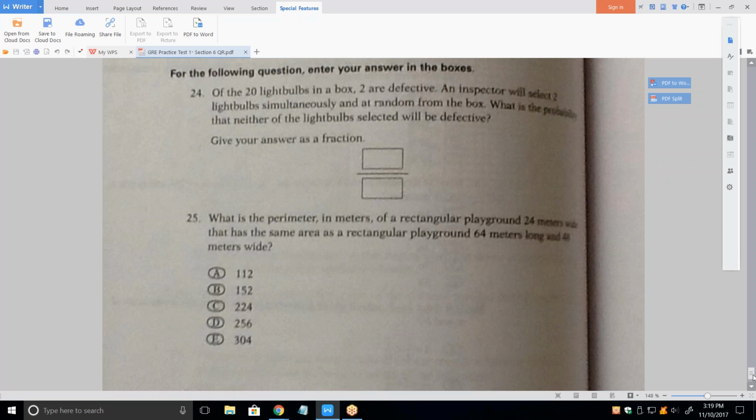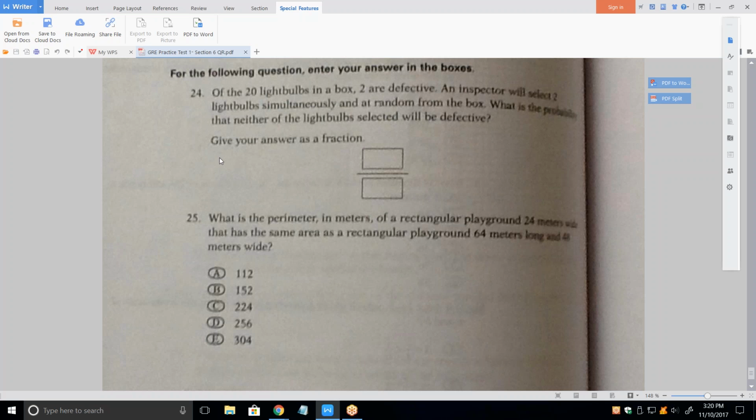Well, the first bulb that he picks up, what's the chance that it is not defective? In other words, both bulbs have to be not defective. So there are 20 and he takes one. Is it 1 out of 20? No, there's 2 defective. So the very first time you pick a bulb, the odds are 1 out of 10 that it'll be defective.